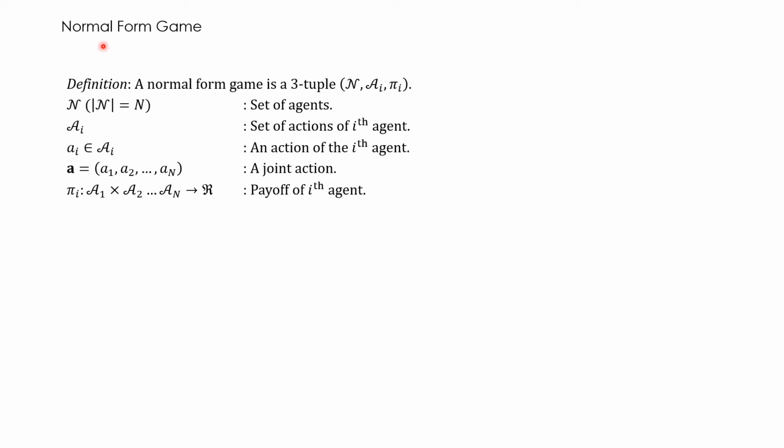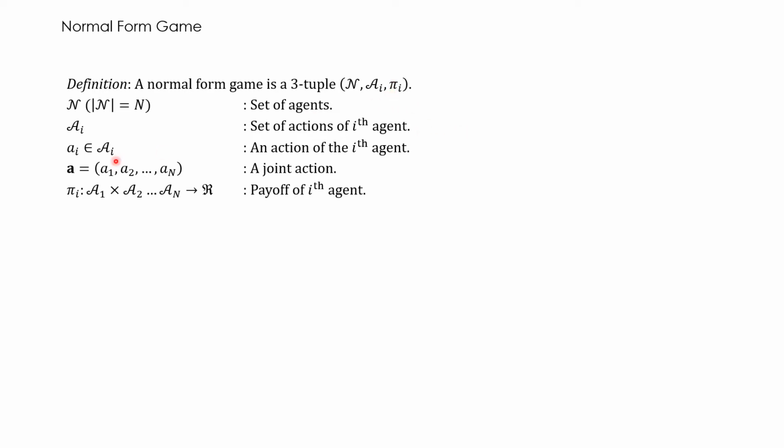So we begin with the formal definition of a normal form game. A normal form game is a three-tuple consisting of N, a set of agents. I use scripts for sets, and the cardinality of this set N of agents is n, and each agent has an action set A sub i. So this is the set of actions of the ith agent, or I usually refer to it as action space.